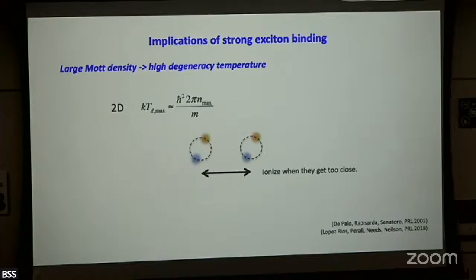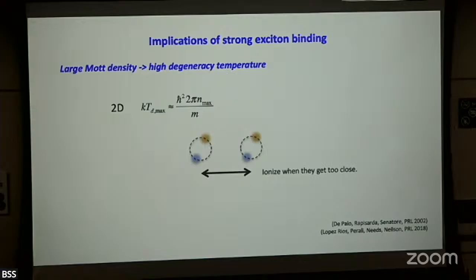In 3D, the density dependence is a different power law, but in 2D, it's linear. But of course, in 2D we do not have long-range coherence, and you need to cool further down to the BKT temperature to get to that. So this is just an upper bound you need to consider, the degeneracy temperature.